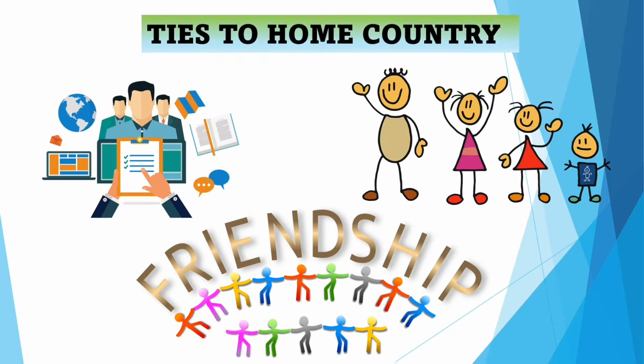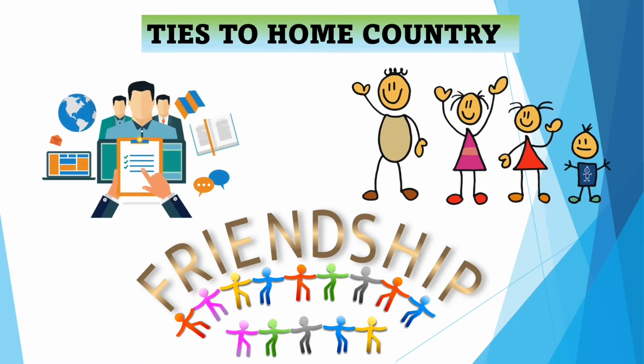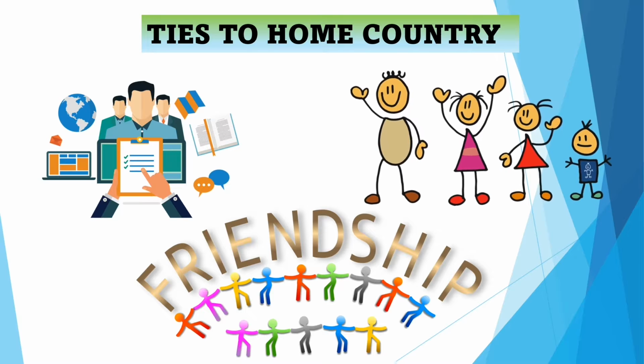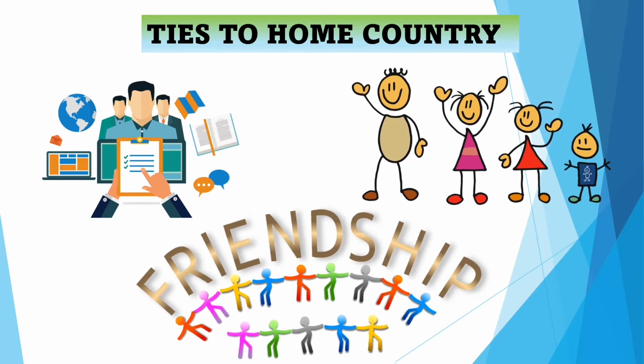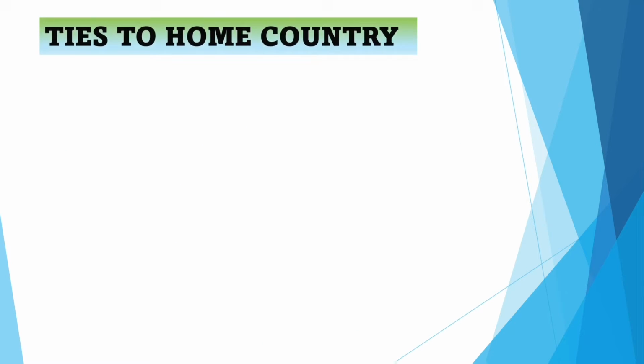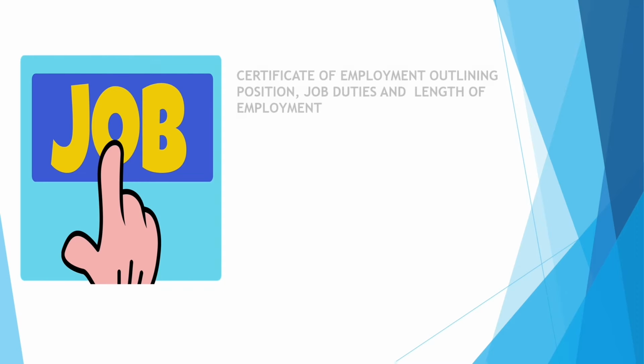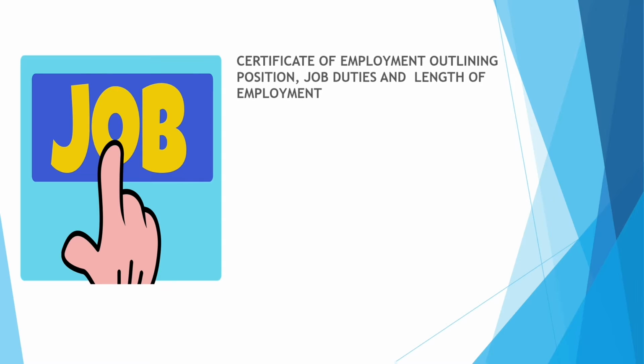Among the ties that bind you to your home country, the strongest is your job. The job must be stable and you must be a professional who has been in your job for a long time. So what are the requirements for this job as a tie?